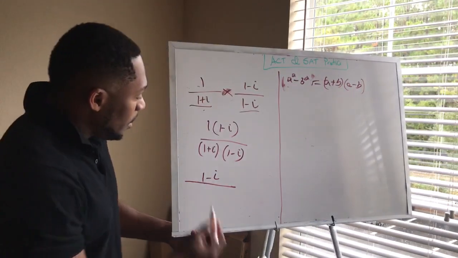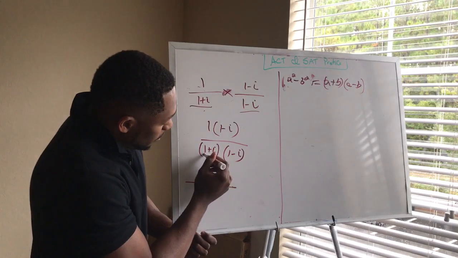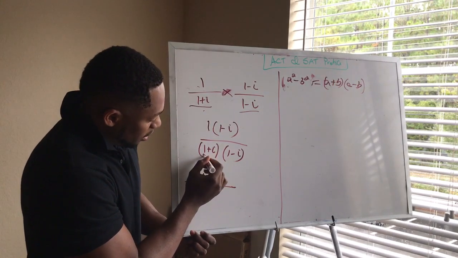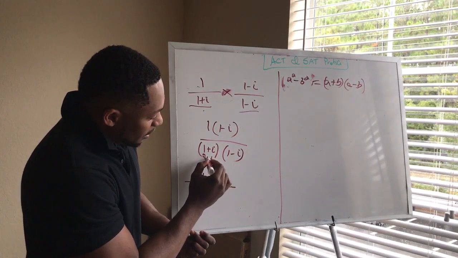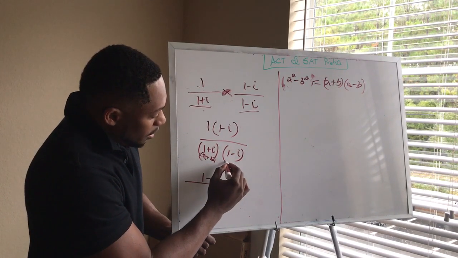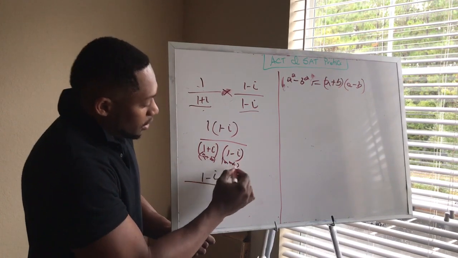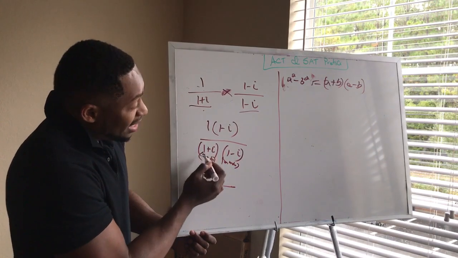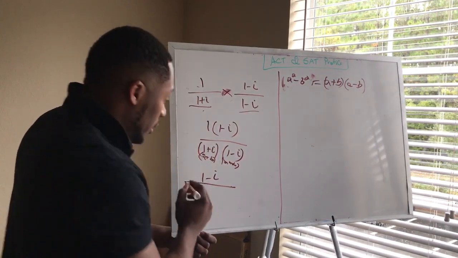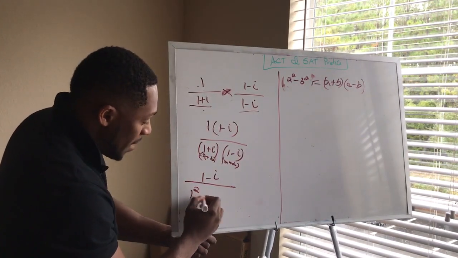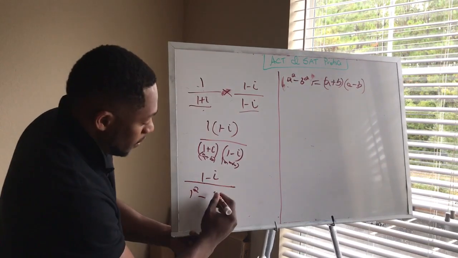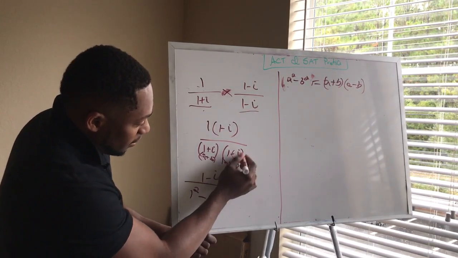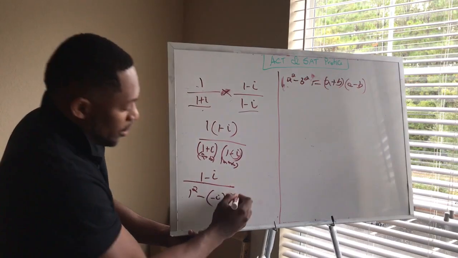So now you have a plus b. If we call this one a and this one b, that's exactly what we have here, a plus b, a minus b. So that would be the first one squared minus the second one squared. So it's 1 squared minus the second one, negative i, squared.